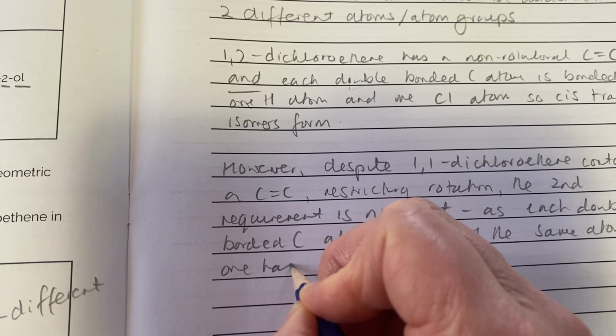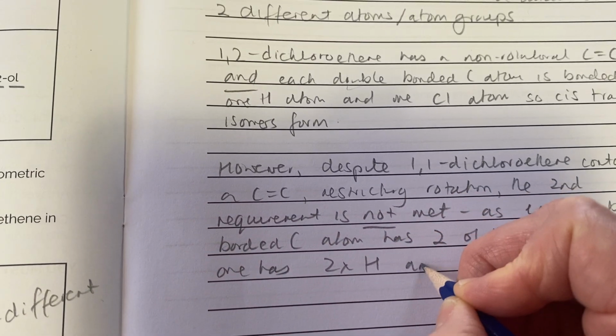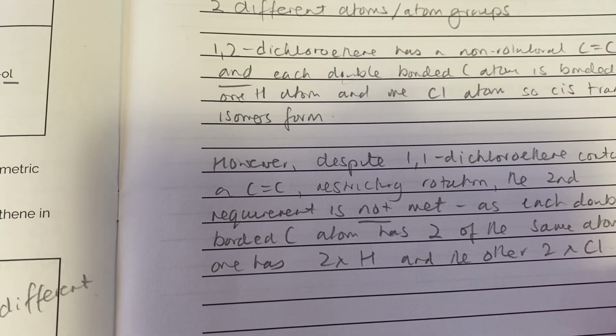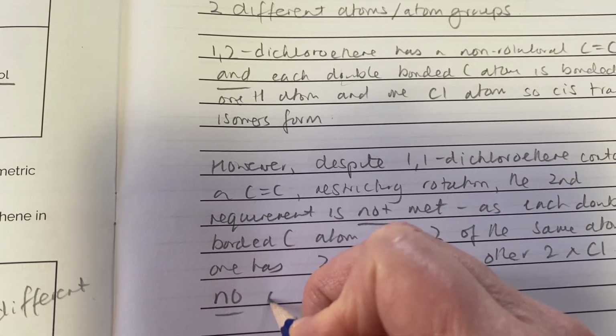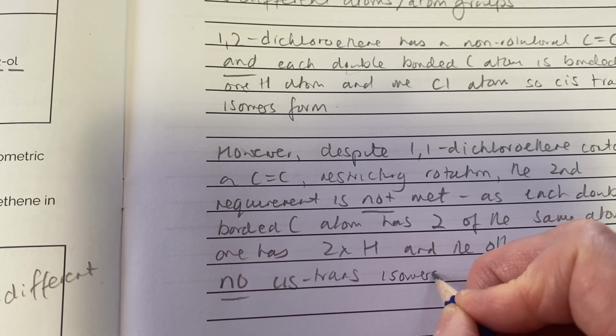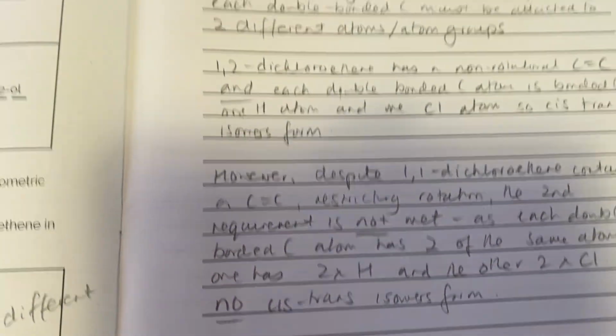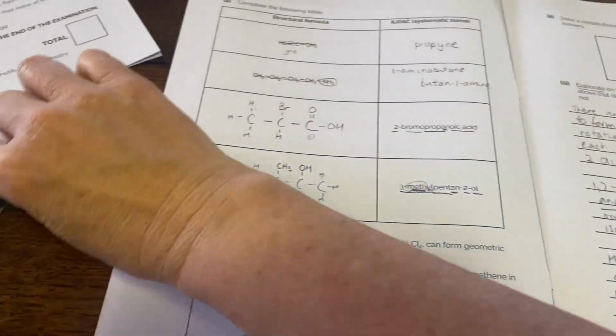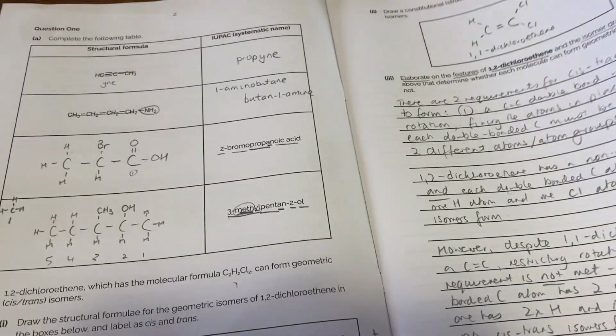One has 2 times H and the other 2 times Cl. So no cis-trans isomers form. And that's that one. Hopefully, it's a pretty standard question in level 2 chemistry, so hopefully everyone was pretty confident on that.